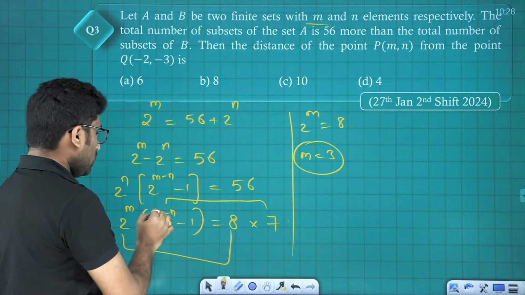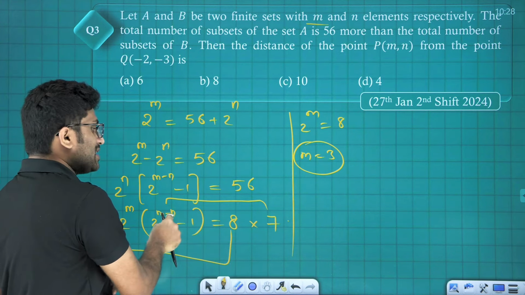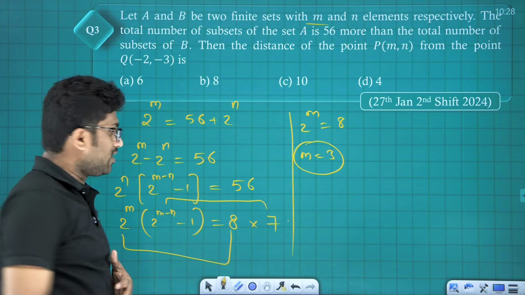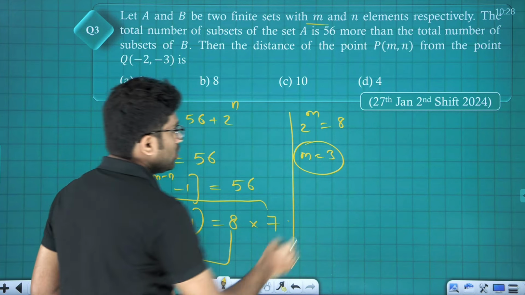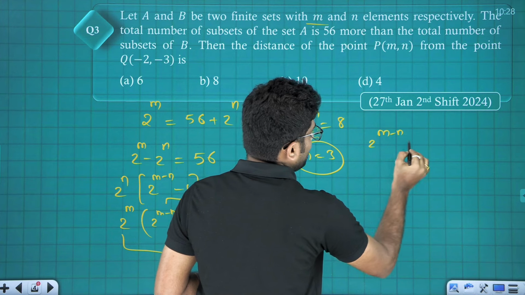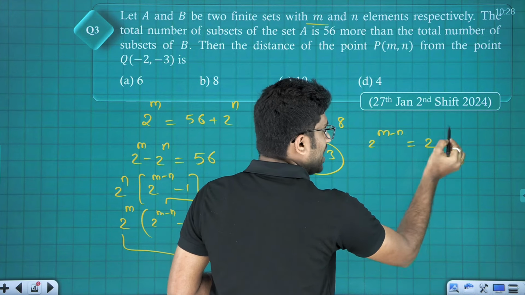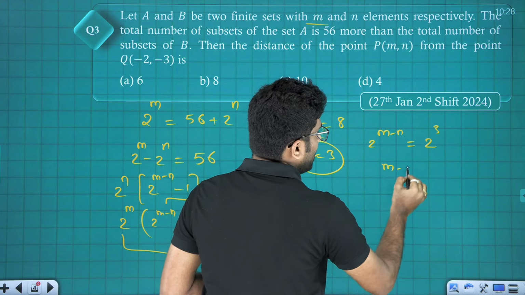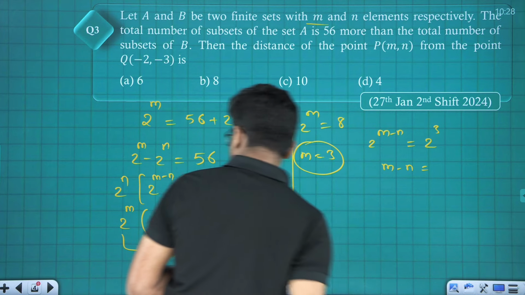Done. So now this 2 power m minus n is again equal to 8, because 7 means 8 minus 1, no? So 2 power m minus n should be equal to 8, which is 2 cube. m minus n is equal to 3.